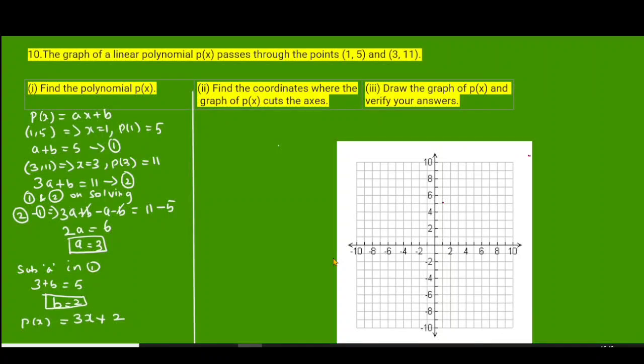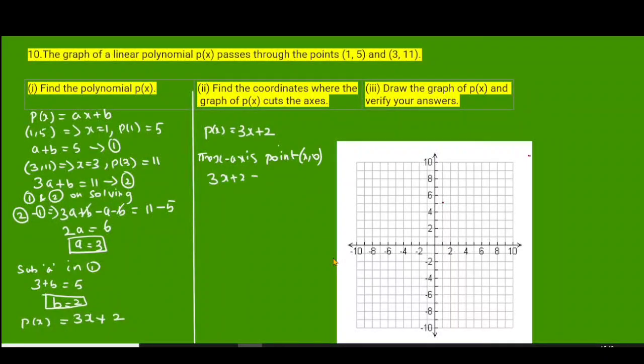Next, find the coordinates where the graph of p(x) cuts the axes. So p(x) = 3x + 2 is the polynomial. When it cuts the x-axis, the point is (x, 0), which means y is equal to 0.